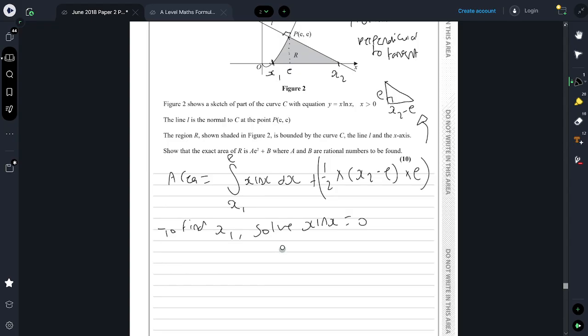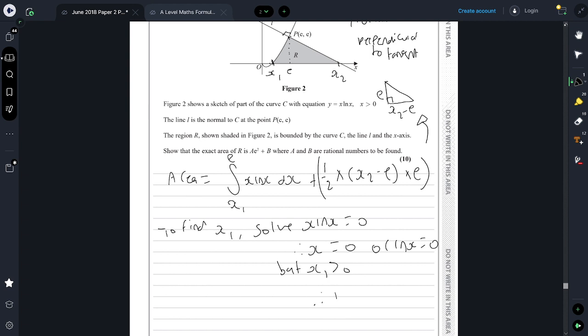So that means either x is 0 or ln x is 0. But we know it crosses the x-axis here, so x1 has to be above 0, because we can see that it intersects here, away from the origin.